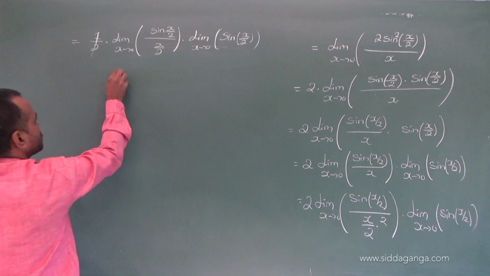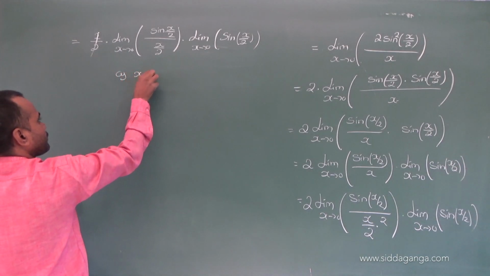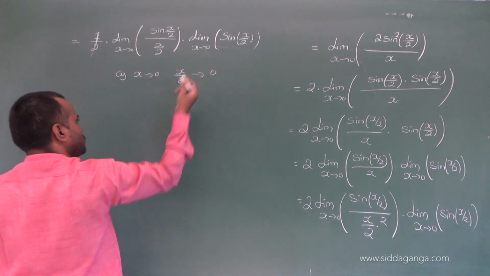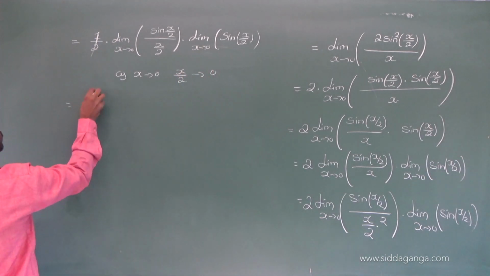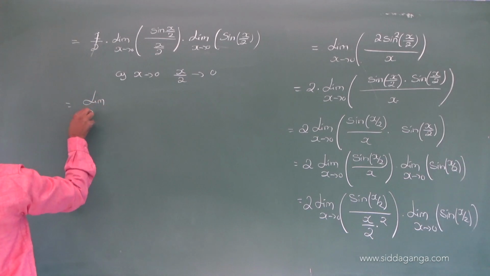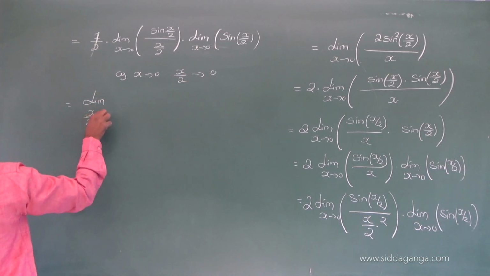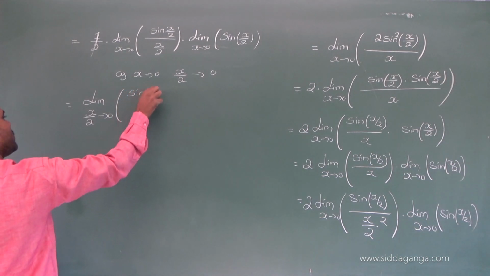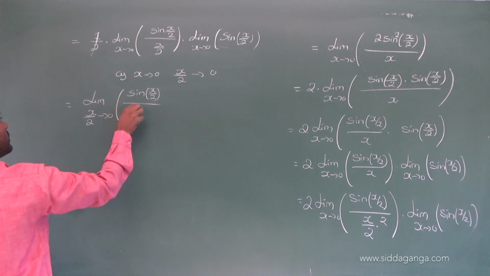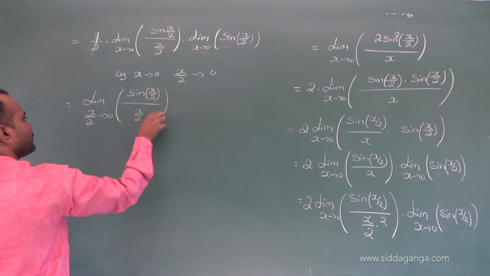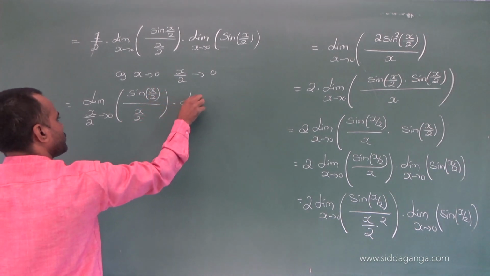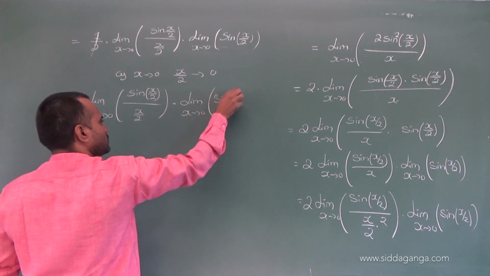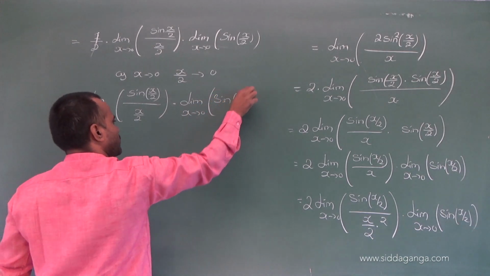As x tends to 0, x by 2 is 0 by 2, which is 0. That is equal to limit x by 2 tends to 0 of sin x by 2 divided by x by 2, into limit x tends to 0 of sin x by 2.